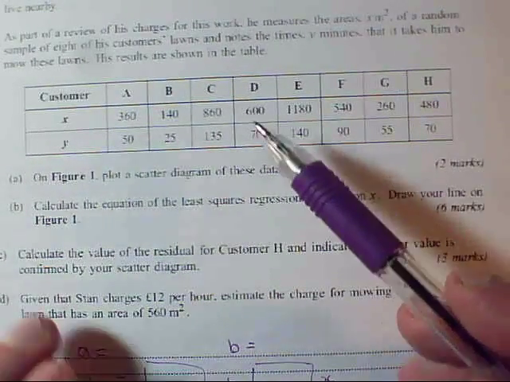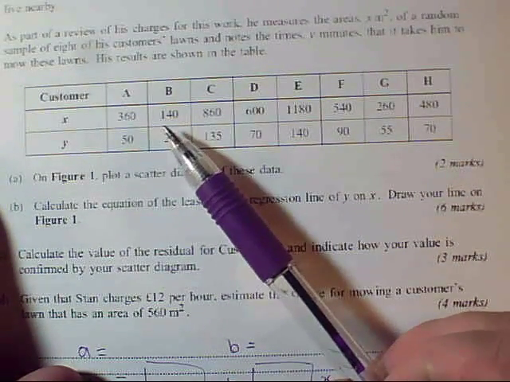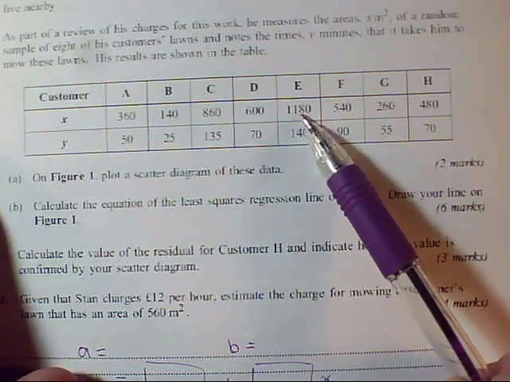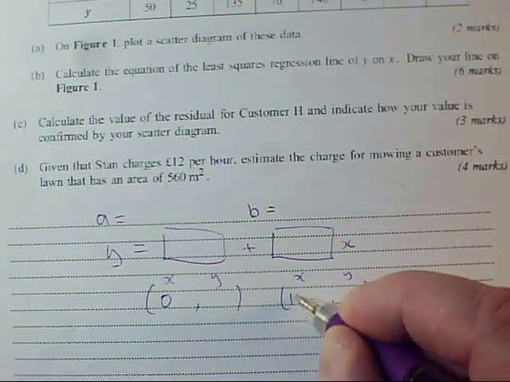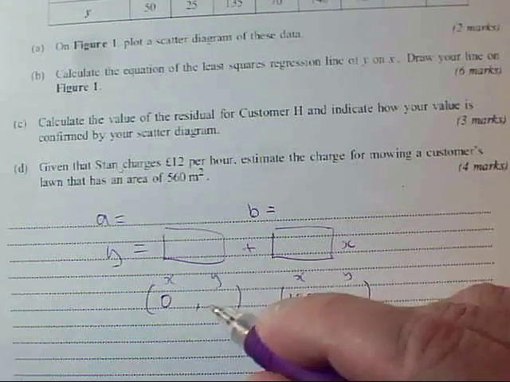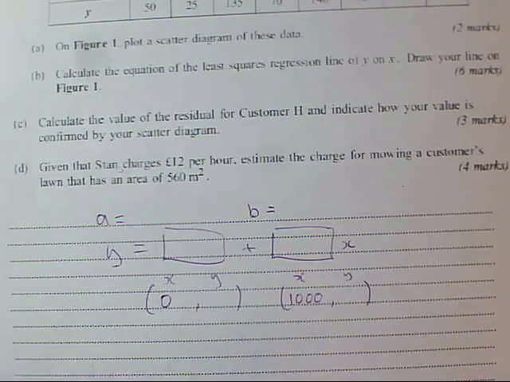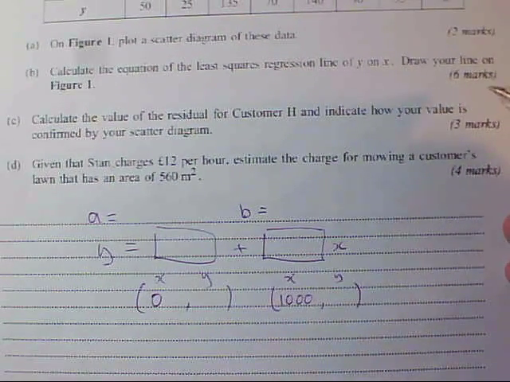Depending on how you've set this up on graph paper, you probably have started your scale at 0 because we've got quite a small value here. You've certainly gone beyond 1,000. So as one example, you could take X is 0 and X is 1,000, and work out from your equation what Y values go with those. Then you plot these 2 points you found and join them together with a straight line on your graph paper, and that will complete these 6 marks, which should be very easy.